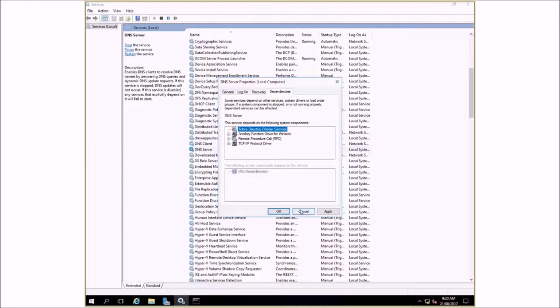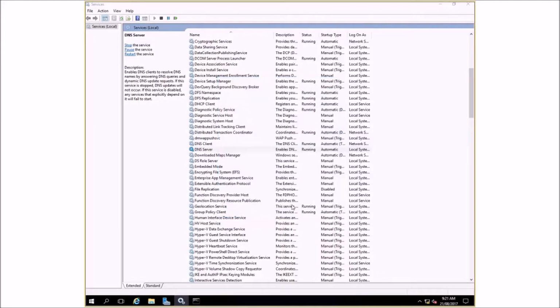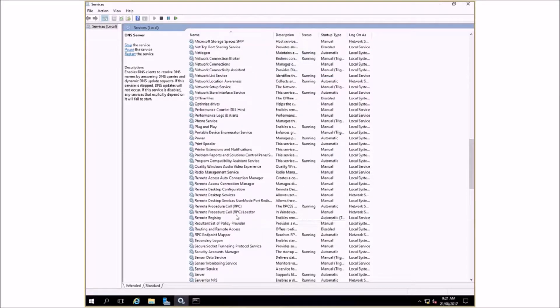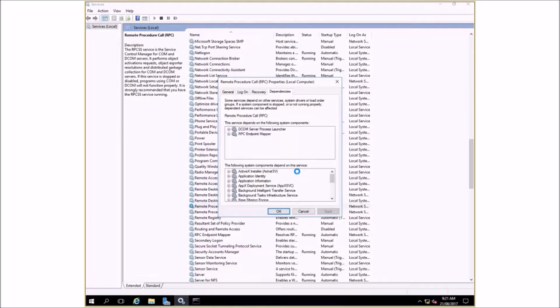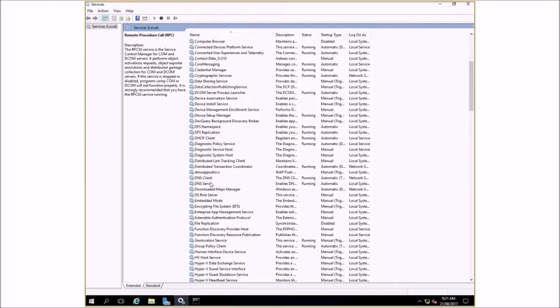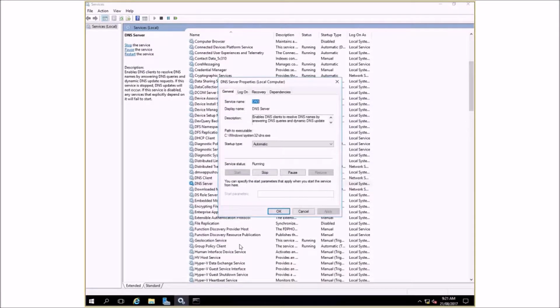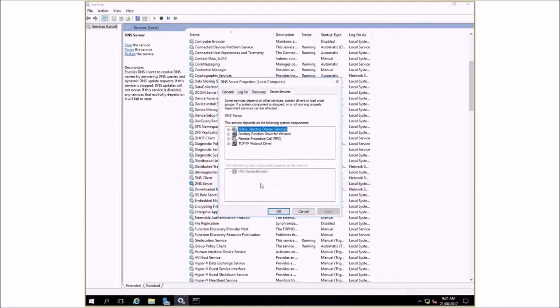But if we go to the remote procedure call and look at the dependencies, you can see that it depends on some things, but there's a whole heap of other things that depend on it. So a service can be dependent on other services, or it can be a dependency of other services. Let's go back to that DNS server again, because that's an easy one for us to understand. So that's the dependencies tab.